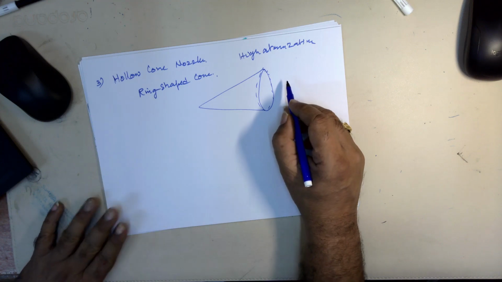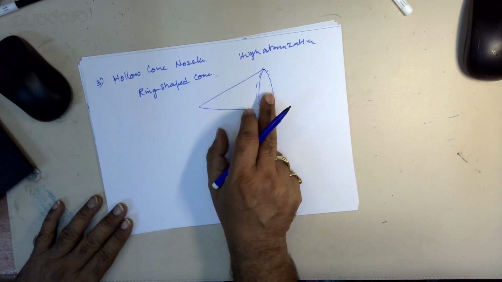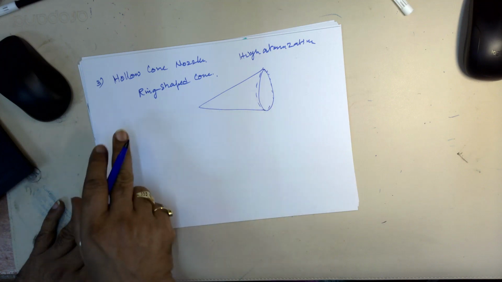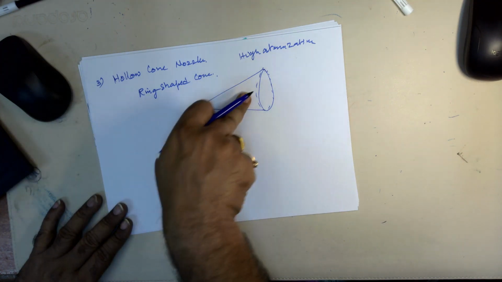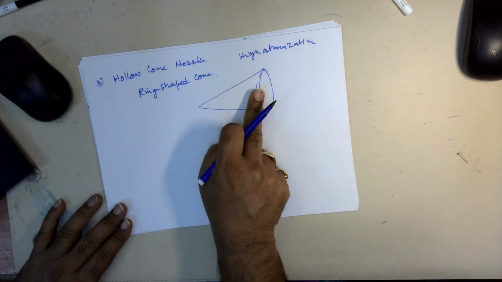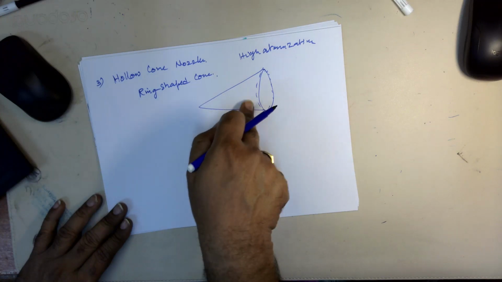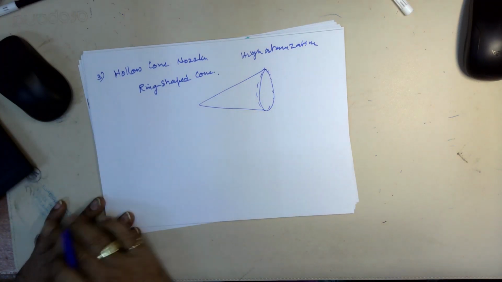Got it? So that is why I am giving you this knowledge: if they have used this one, they should not complain that your chemical is foaming, because their nozzle is of that type. Do you understand?